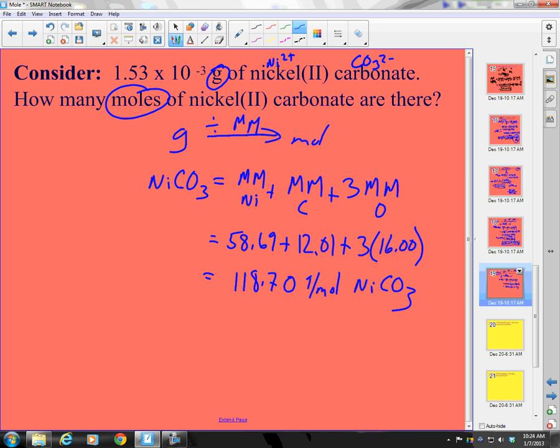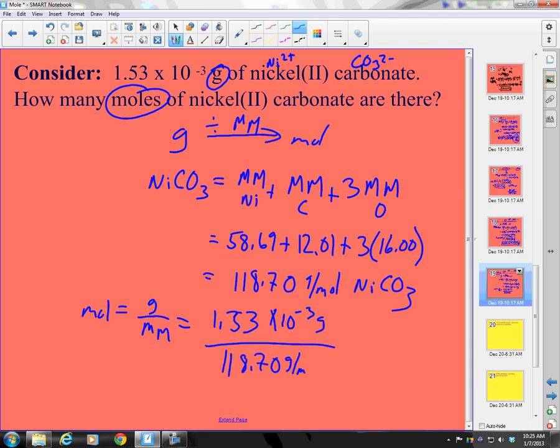Let's just work this not the dimensional analysis way. Grams per mole. How do I go from grams to moles? Moles are equal to what? Grams divided by molar mass. What are my grams? 1.53 times 10 to the minus 3 grams divided by the molar mass, 118.70 grams per mole.